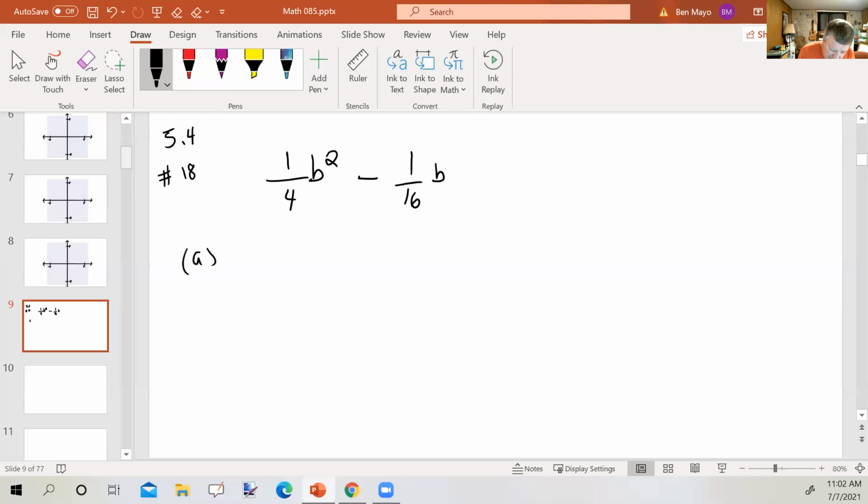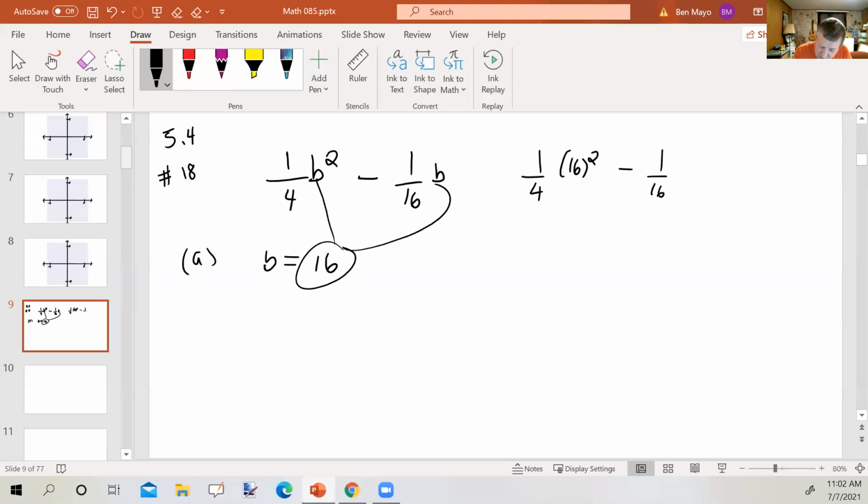Part A says b is 16. We're told that the variable equals 16, so we put 16 in the place of b everywhere it appears in the expression. So we would have 1/4 times 16 squared minus 1/16 times 16.